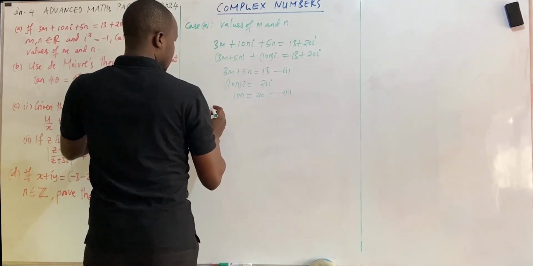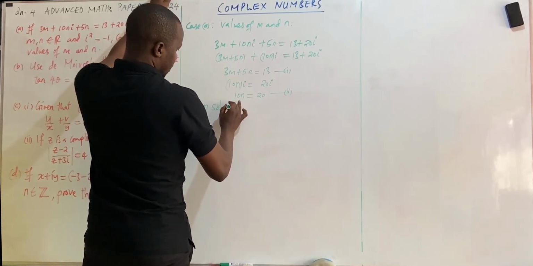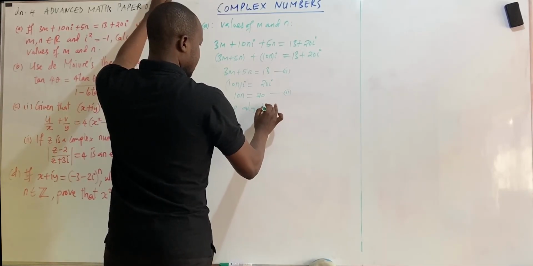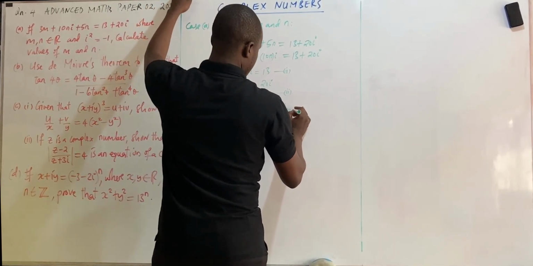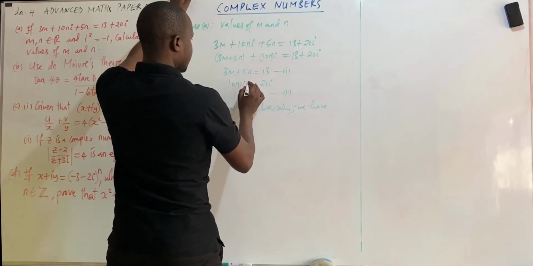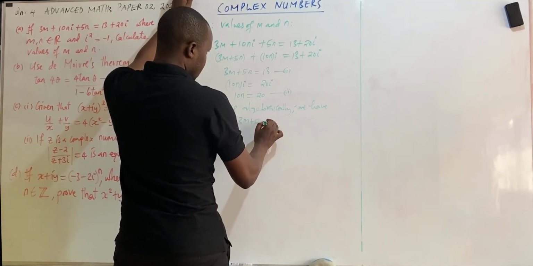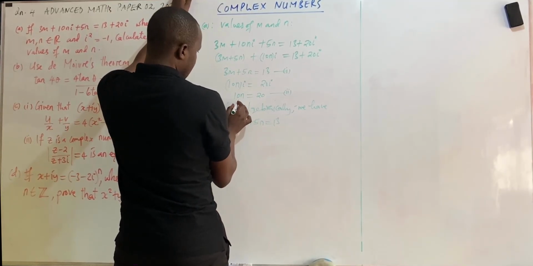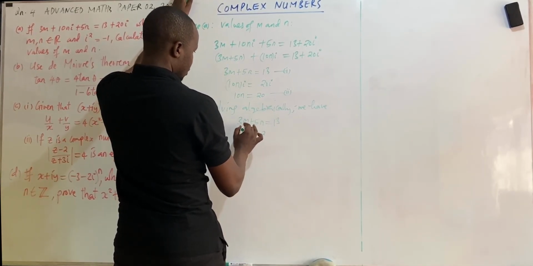Dividing both sides of equation 2 by 10, we get n = 2.